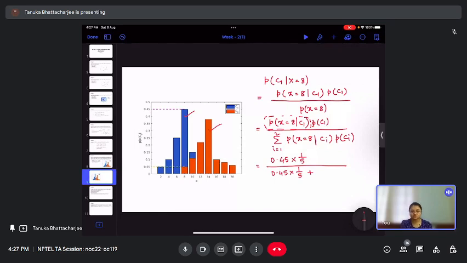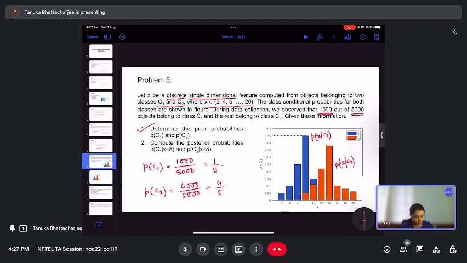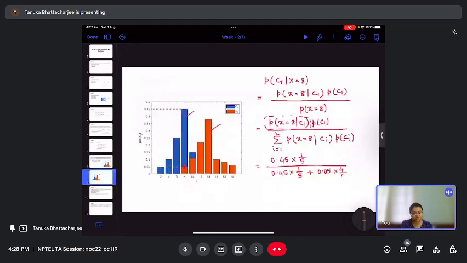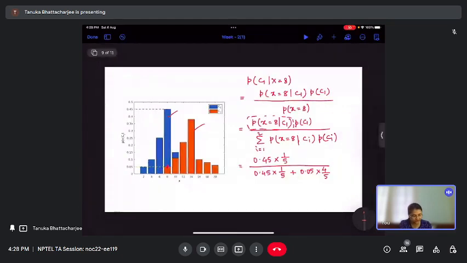When x equal to 8, the value of this histogram is 0.05. So, it is 0.05 into, I am sorry, the prior probability of class C2, and we computed that as 4 by 5. So, this is the posterior probability of class C1 given x equal to 8.